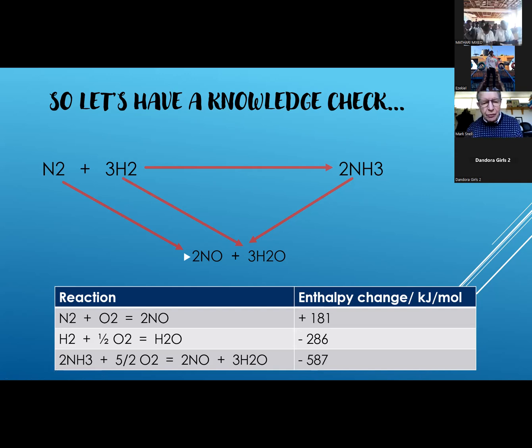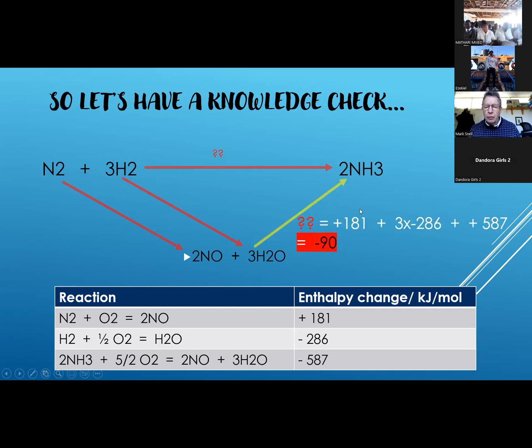The reason I had 3 times negative 286 is because in the equation it says H2, and here I have 3H2. I have to remember to reverse that one, and therefore I have 181 plus 3 negative 286s plus the reverse of negative 587, and that comes out as minus 90.